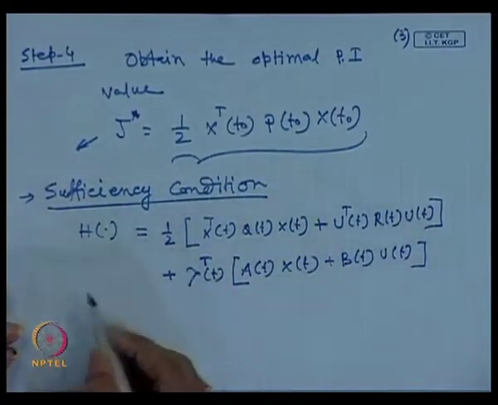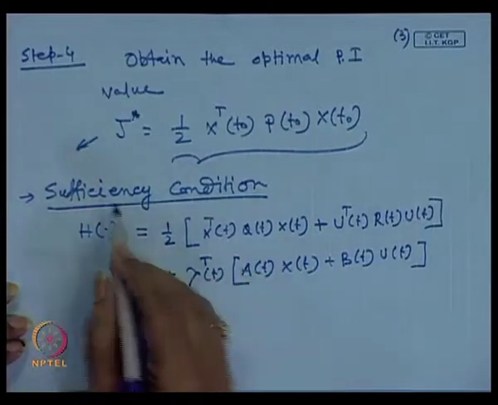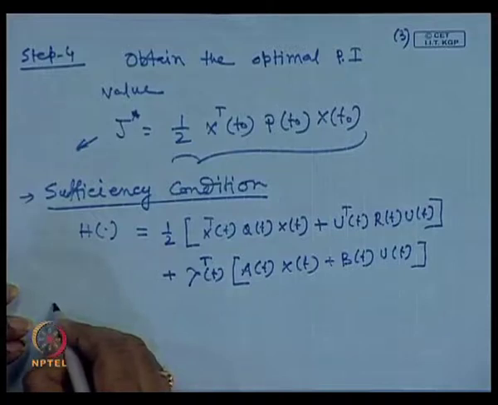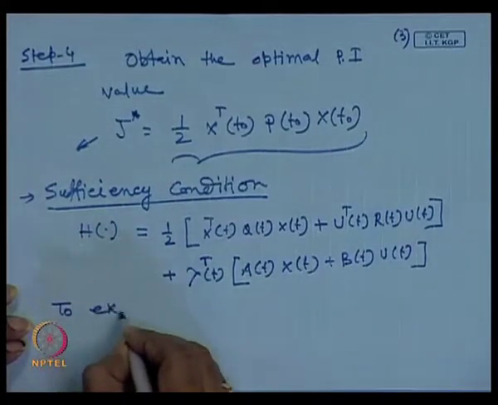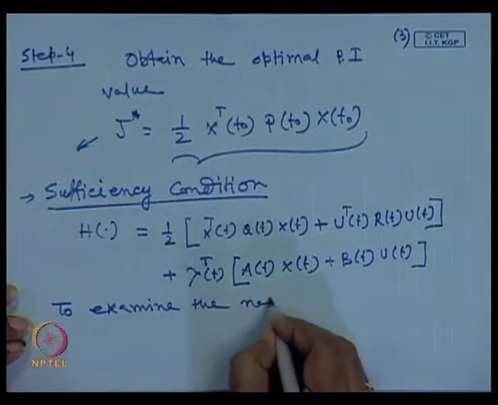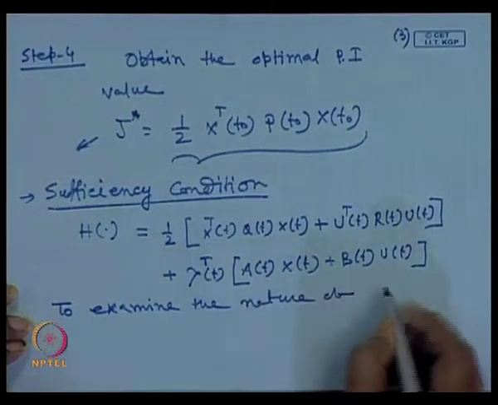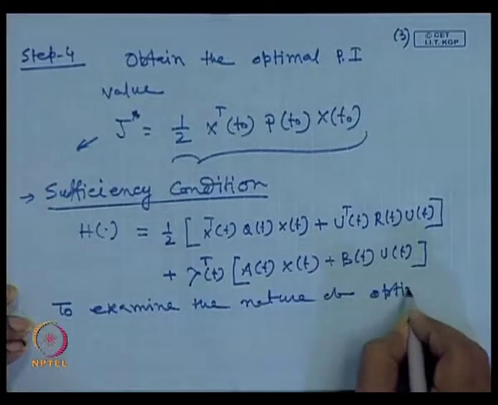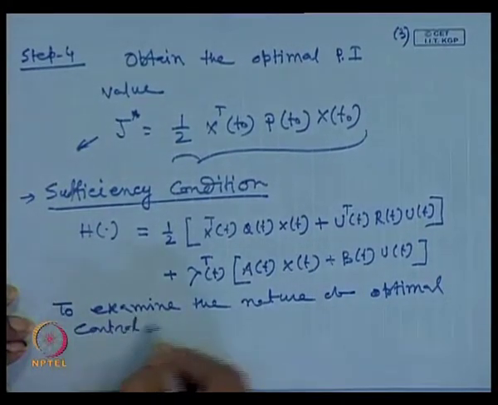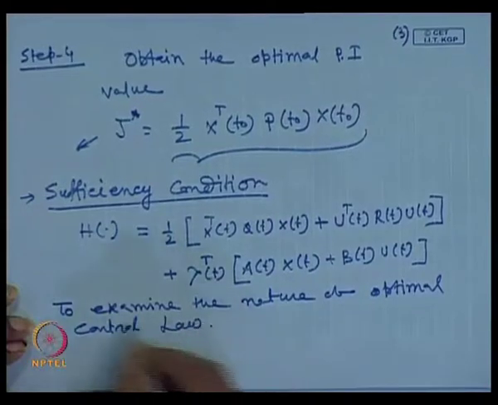So, this Hamiltonian function is used to examine the nature of the optimal control law. What does it mean?